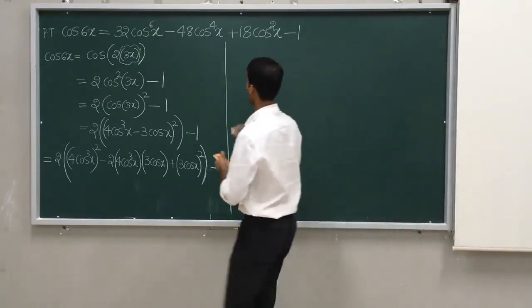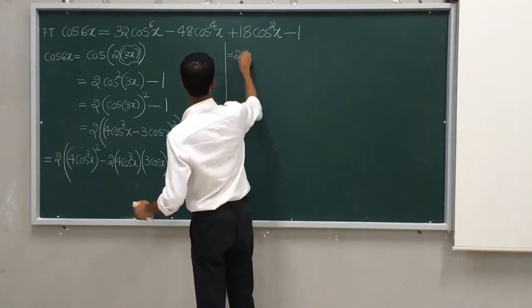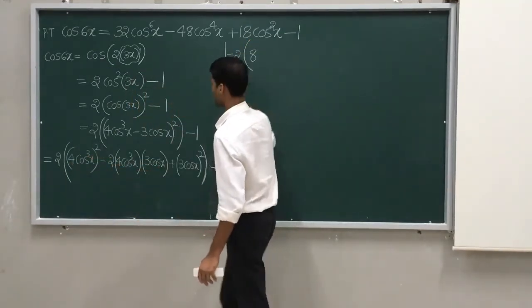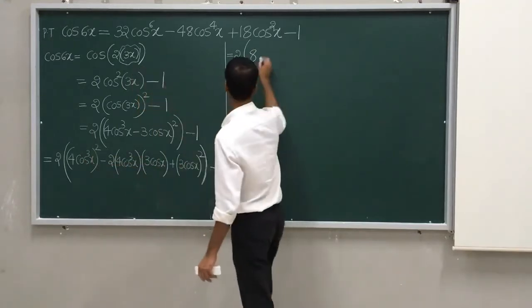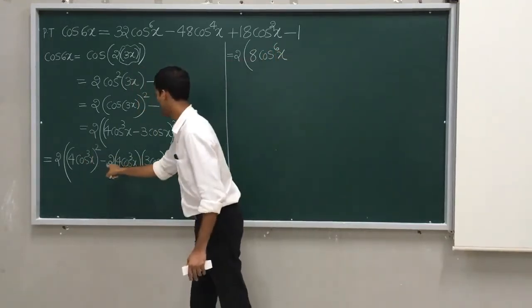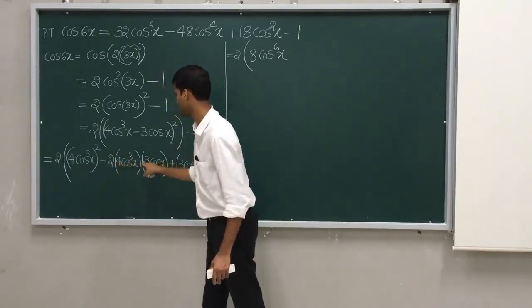Now in the next step, let me square it. 2 outside, 4 square 8. Cos cube squared is cos raised to 6x. 2 4s are 8, 8 3s are 24.